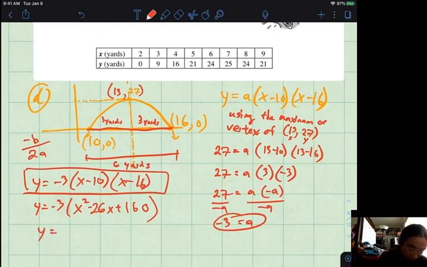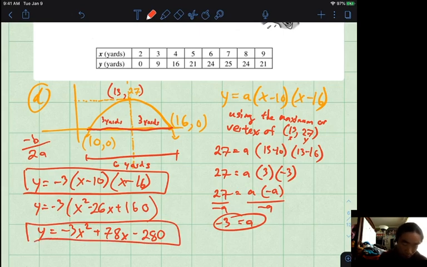So y equals negative 3x squared plus 78x minus 480. That's some really big equation. Either of these will be acceptable unless I specify factored form or standard form. Okay. Factored form, you see it's easier.